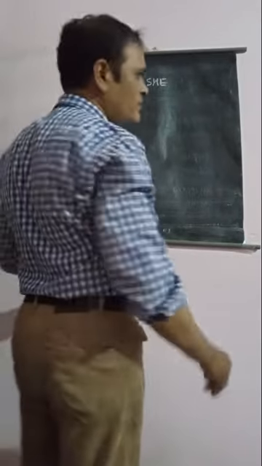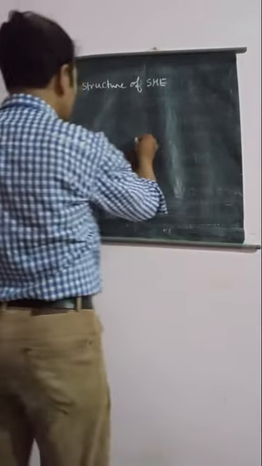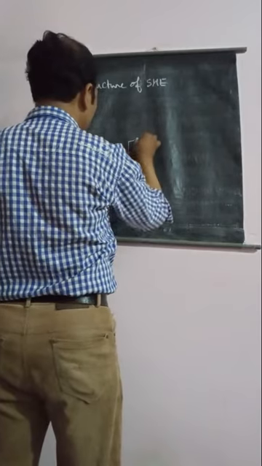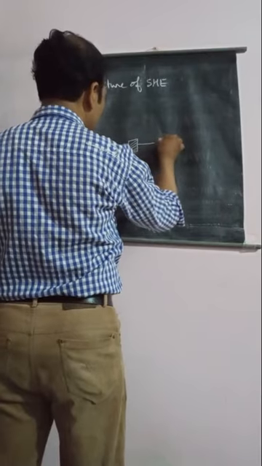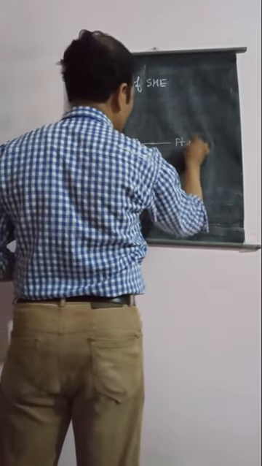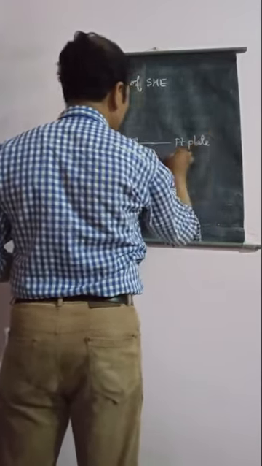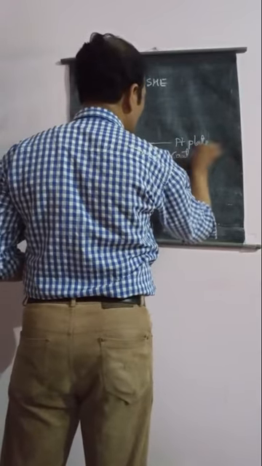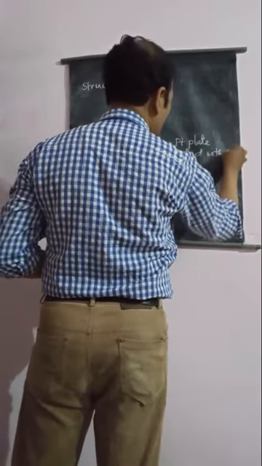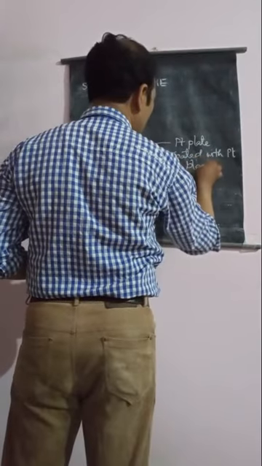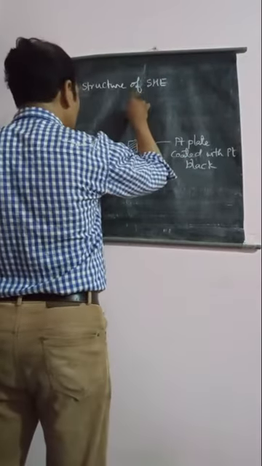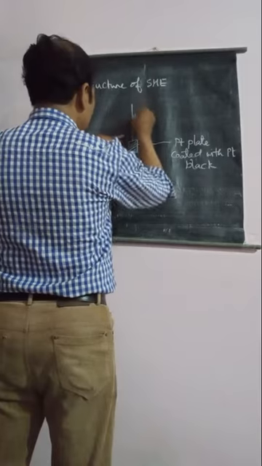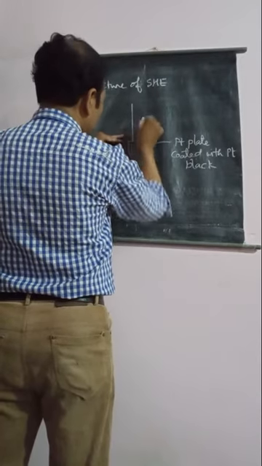In the structure of the standard hydrogen electrode, we take a platinum plate coated with platinum black. After it, we take a platinum wire, which is used for holding this platinum plate.